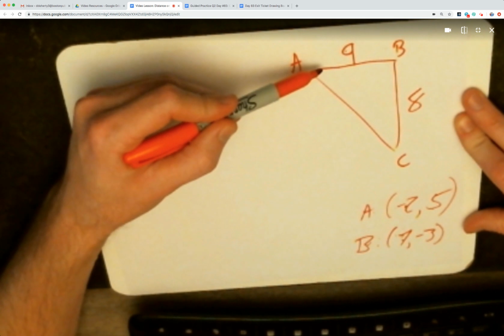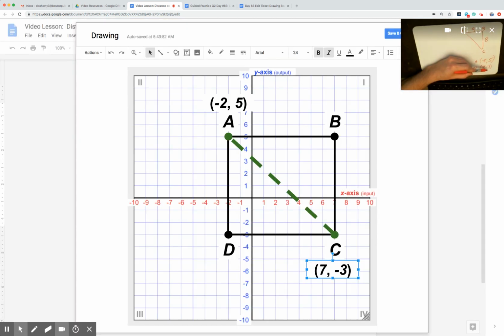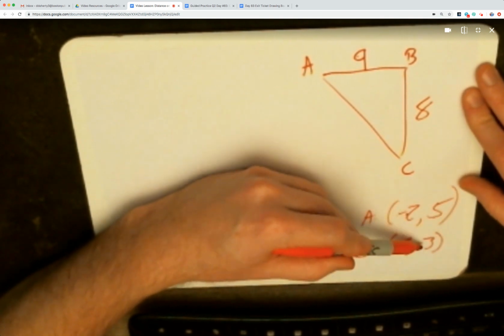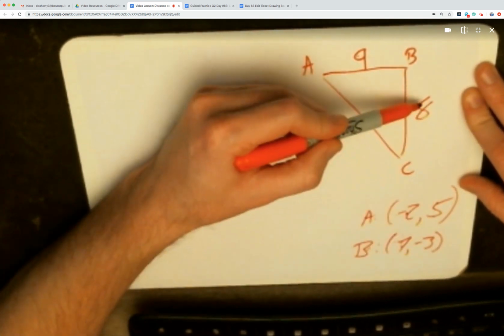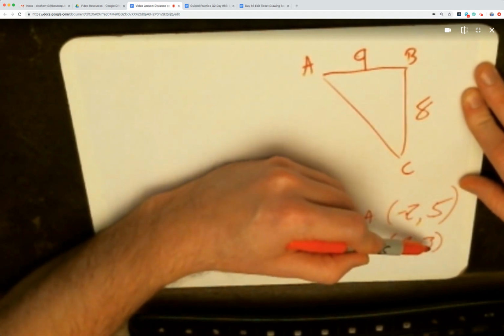By the time we get down to C, we're down to -3 units. Let me show you that on the graph. C is at -3. B is at 5. So for me to get from +5 down to -3, I jump down by 5, then 3 more. 5 plus 3, I traveled a total distance of 8 units.